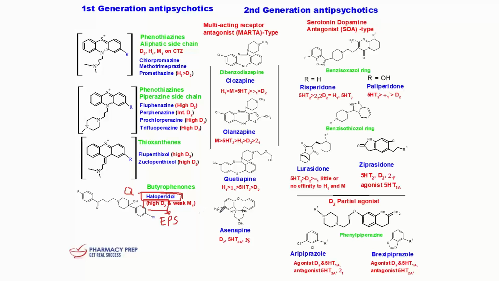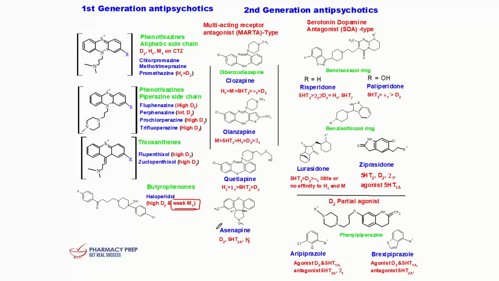One advantage you should know, which could be a potential exam question, is that haloperidol is sometimes also used for elderly patients, seniors. The reason it is used in the elderly is that it has a very weak effect on muscarinic receptors compared to other first-generation or second-generation antipsychotic drugs.